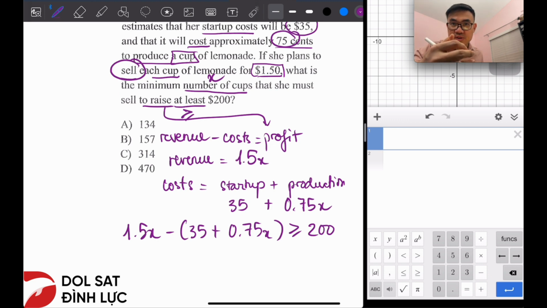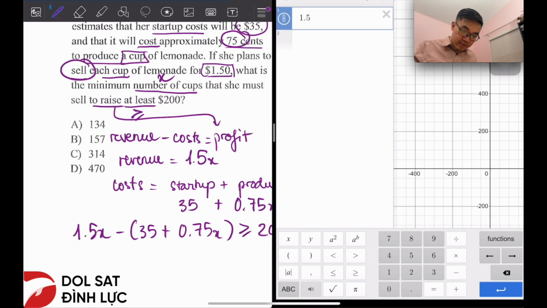Because the decimals is allowed on the SAT, we can just put the entire inequality into the decimals and then find the minimum number of cups. So let's try that. 1.5x minus open parenthesis 35 plus 0.75x, close parentheses, greater than or equal to 200.